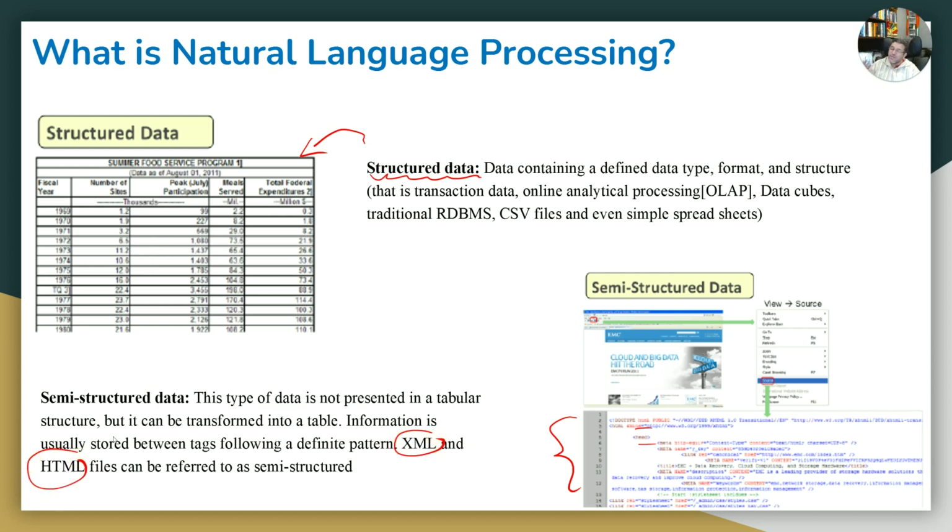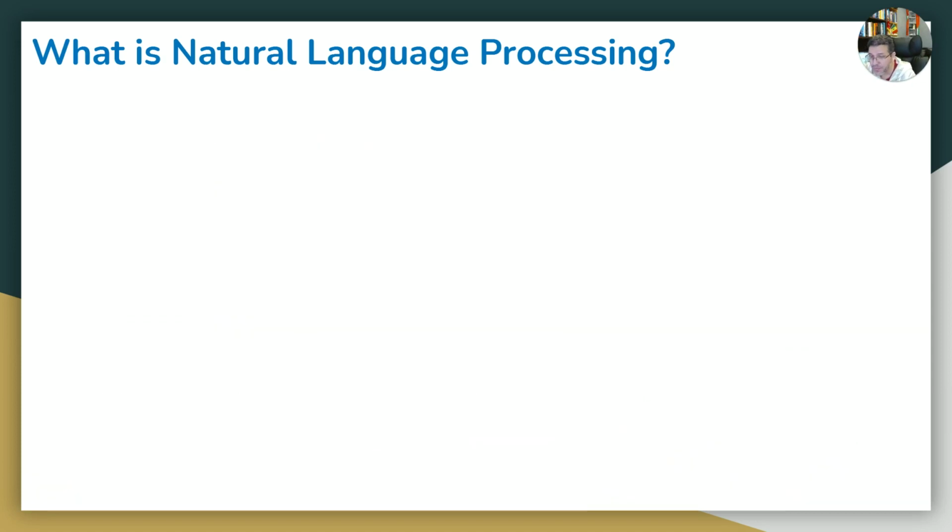They have a certain type of ordering, a certain type of structure, but it's not 100% structured. It does require some effort, little effort, to convert this XML and HTML data into structured tabular rectangular data.